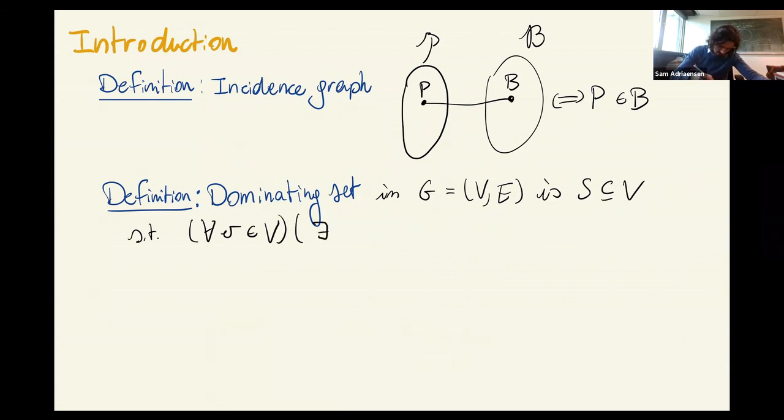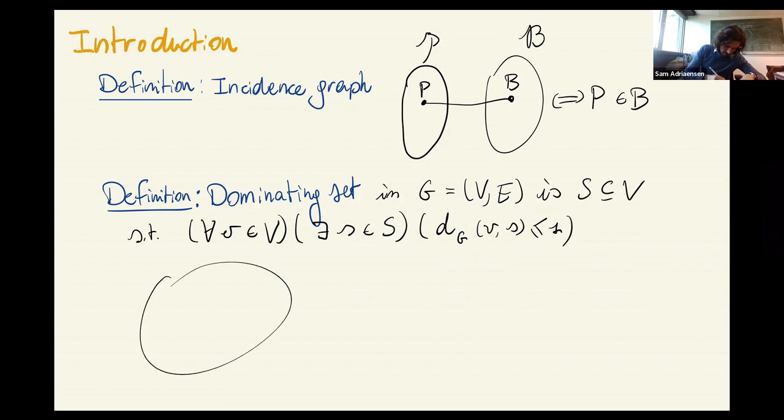So there will always exist some vertex in your dominating set such that the distance in your graph between V and S is at most 1. So if you make a drawing, then this means the following. You have your graph G, you choose some vertices S in your graph, and then any vertex V you take will always be adjacent to one of these vertices in S, or will be itself in S.